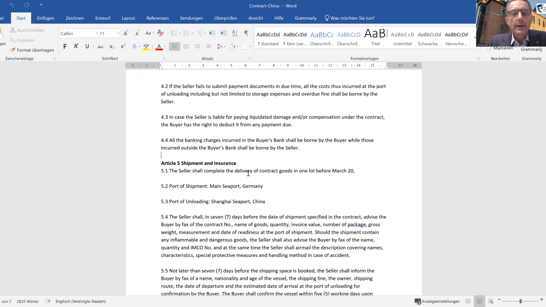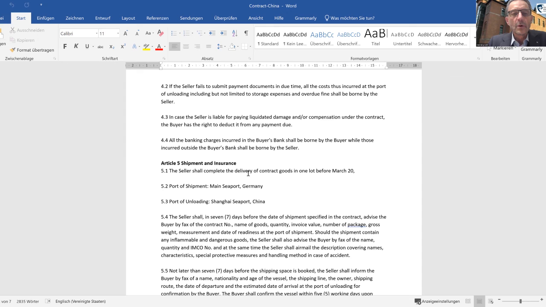4.3, in case the seller is liable for paying liquidated damage or a compensation under the contract, the buyer, the Chinese company, has the right to deduct it from any payment which is due. So that is also an additional risk for the seller.